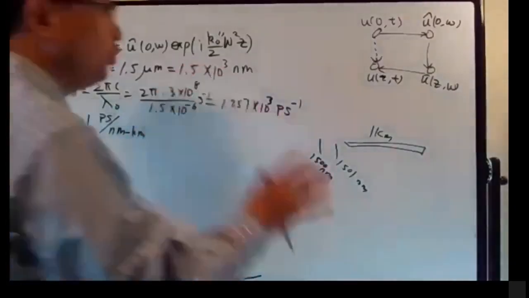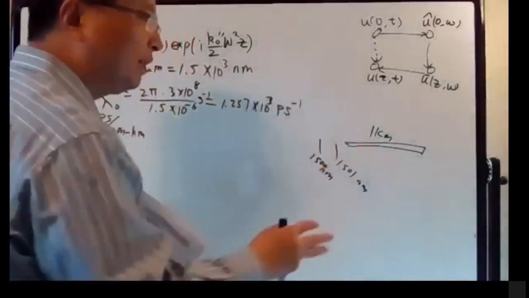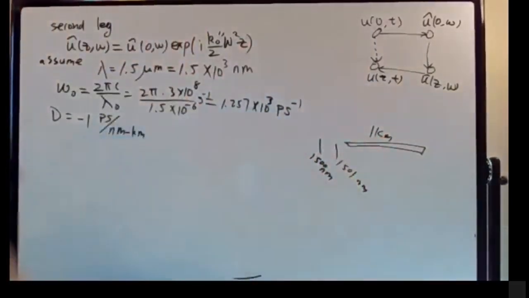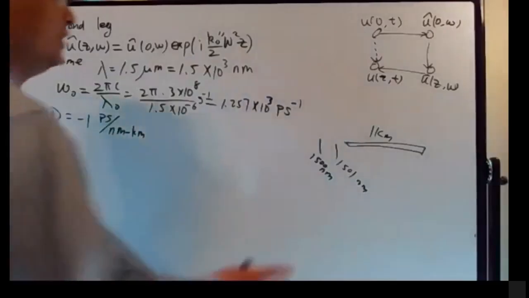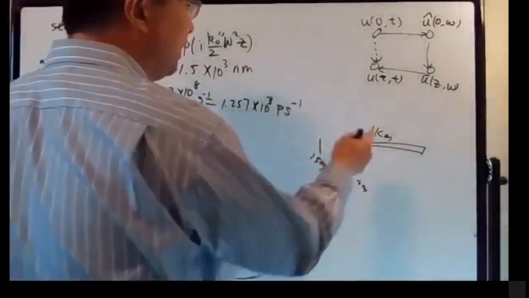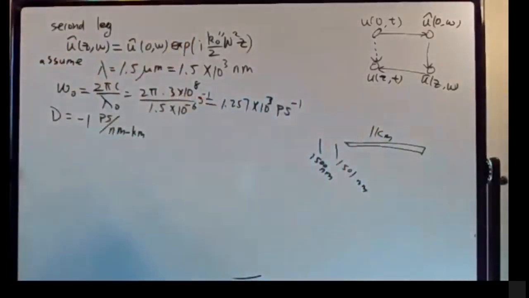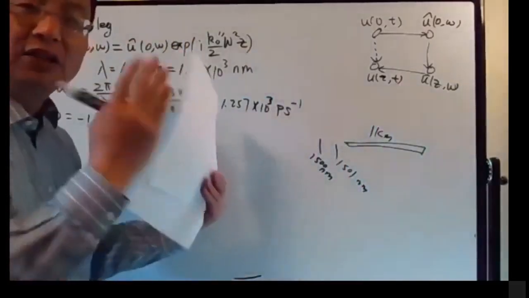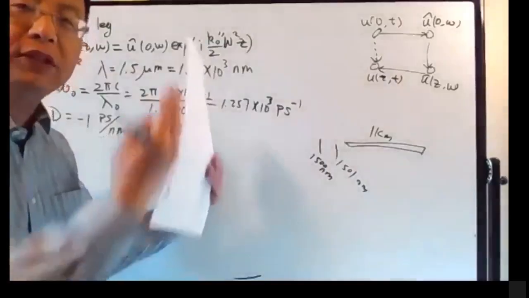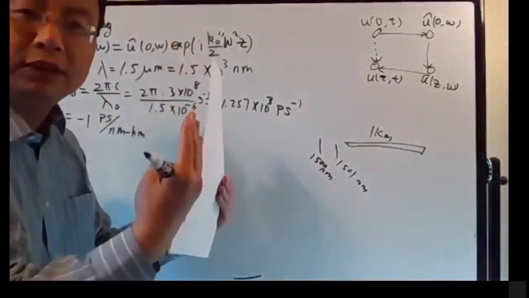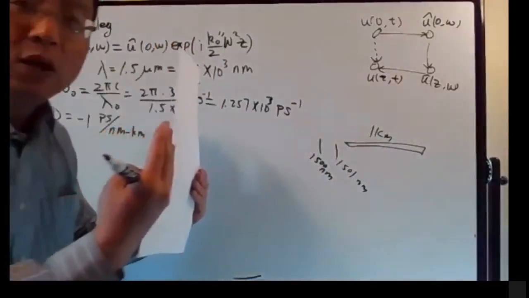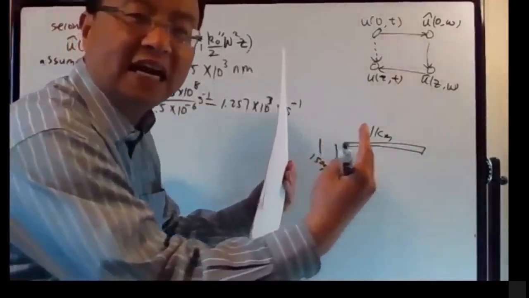That's how you quantify the property of the dispersion in this optical fiber. So you are looking at how they delay. I have two frequency components, originally at the same spot, but when they propagate, one is faster than the other.